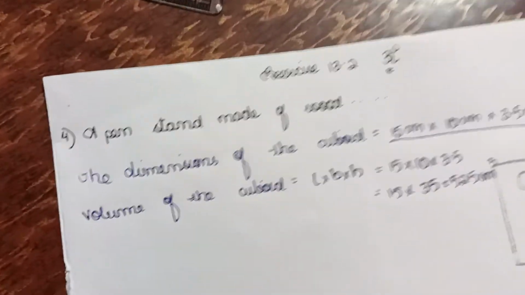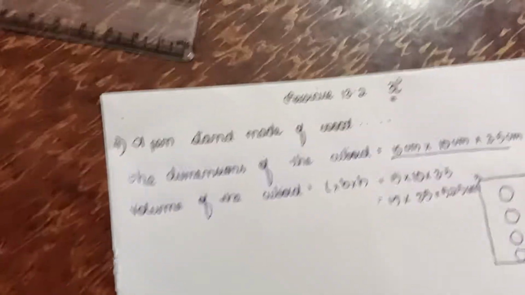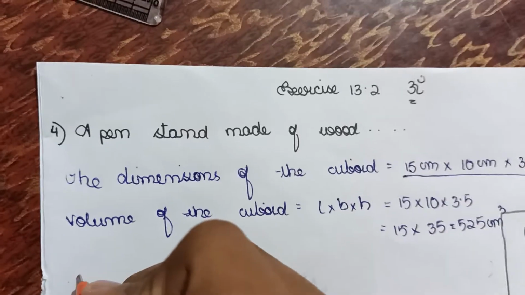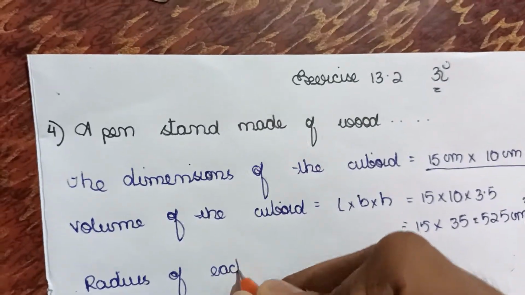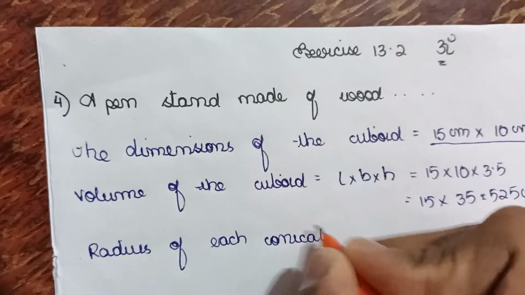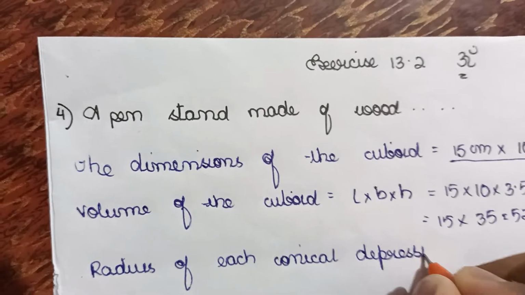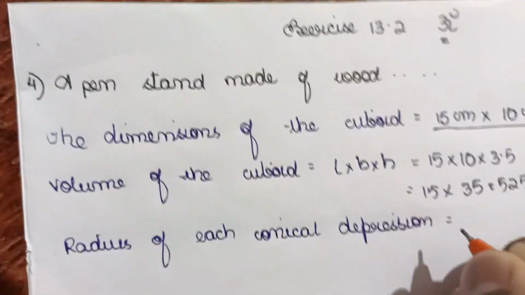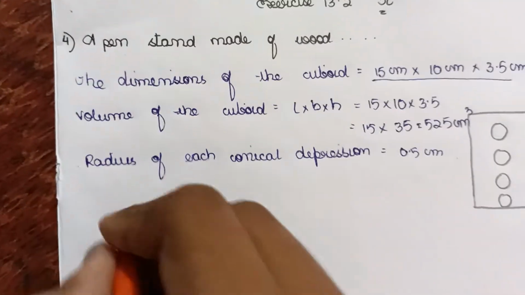So let's write the information. There are four depressions, so let us write for each depression. Radius of each conical depression is equal to 0.5 centimeters.